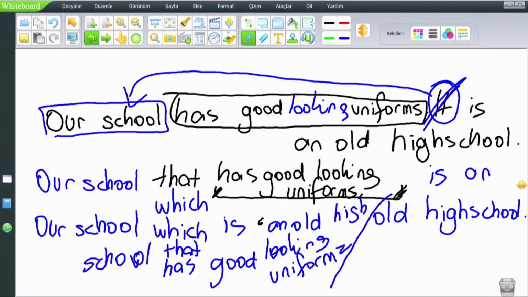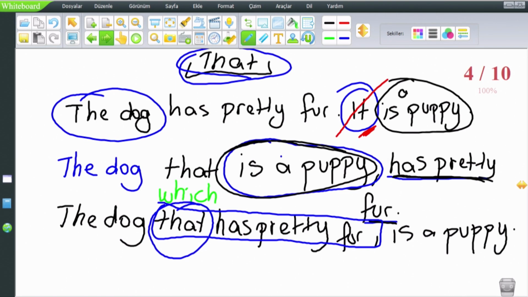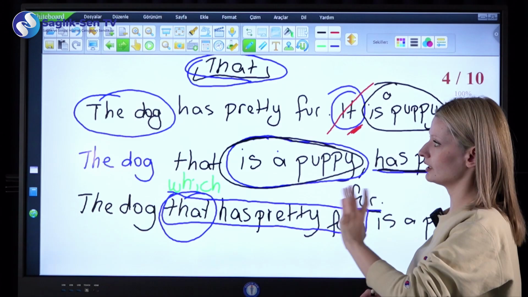Okay, let's see that and which from the beginning. We said that we use that with people or objects and things. The dog has pretty fur. It is a puppy. The common thing in these two sentences is the dog.